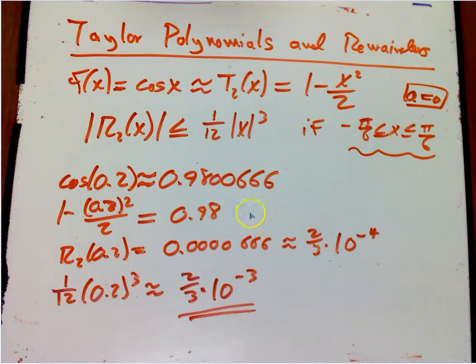Our approximation is 0.98, and notice those two zeros in there. That's giving us the fact that the remainder is about 0.0000666, very close to 2/3 times 10 to the minus 4th. Well, if you calculate our error bound, 1/12 times 0.2 cubed, turns out to be 2/3 times 10 to the minus 3.